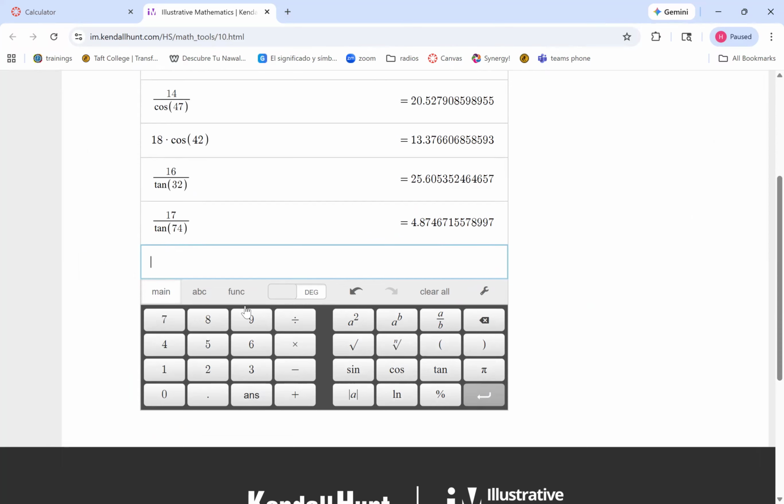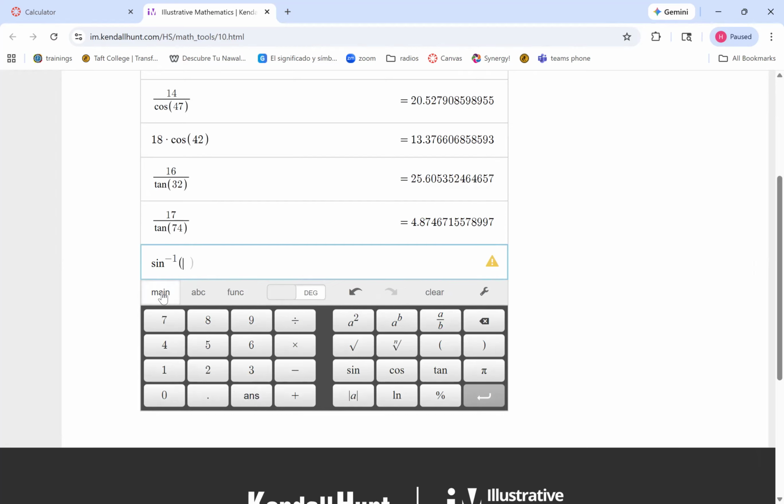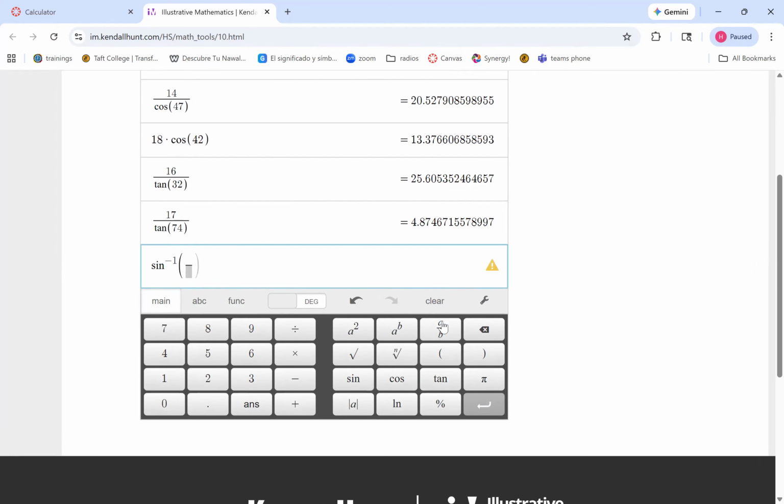So in my case, let me go here where it says function, and then it changed my key, and then I see sine inverse. Okay, so I'm going to do sine inverse. Let me come back to the main part, because that way I have the numbers here. Let me write my fraction, because I want a fraction in the center, 21 over 22.